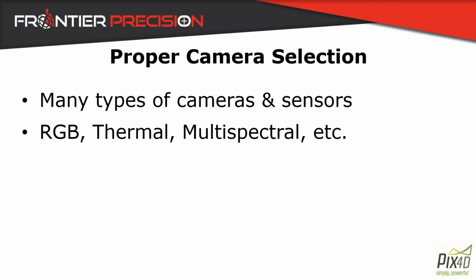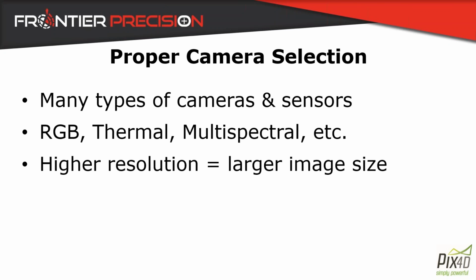There are also sensors that collect different types of information. So we may have our standard RGB cameras, but we also deal with thermal cameras, multispectral cameras, near-infrared cameras, LiDAR, things like that. The world of UAS isn't strictly stuck with just your standard cameras. There are a lot of different types of sensors that we can also work with.